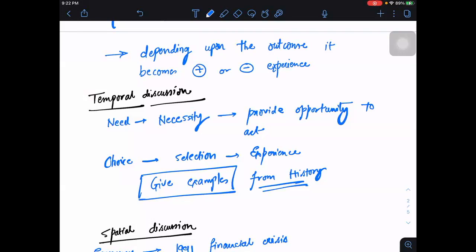Basically, sir, I started with a quote of Thomas Edison that I have not failed 1,000 times. I found 1,000 ways that will not work. After that, sir, I explained what the term experience signifies, the challenges, the learnings that we come across in our day-to-day lives, or on our path to achieve something.